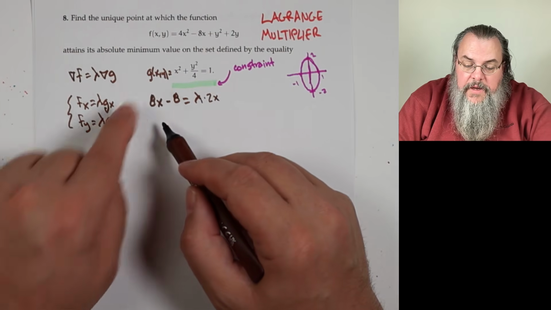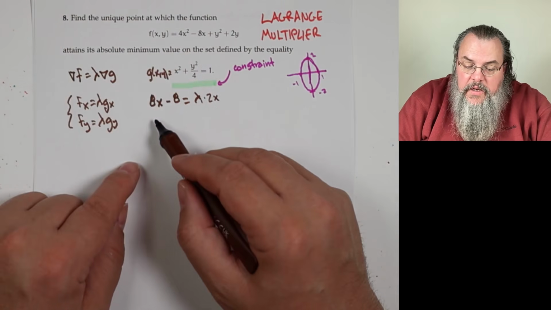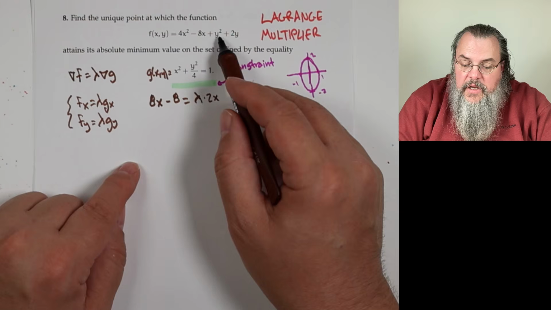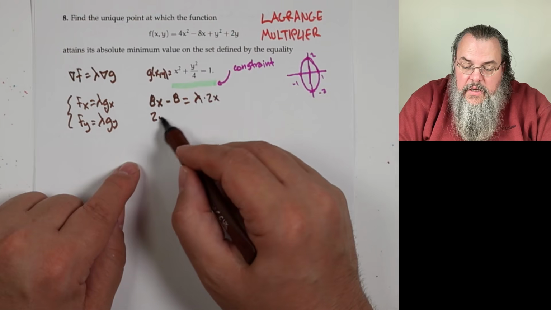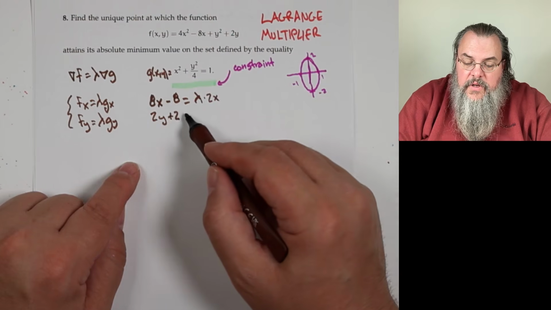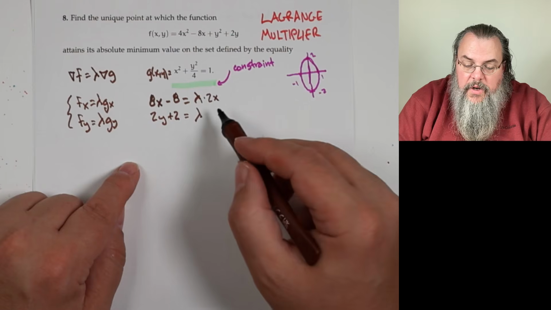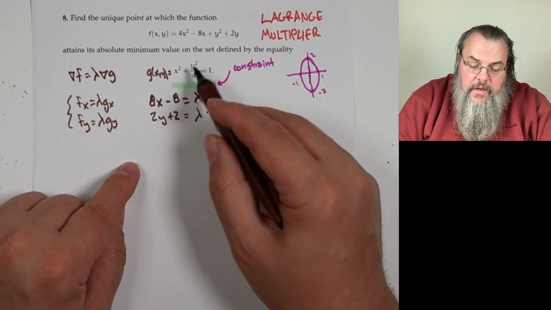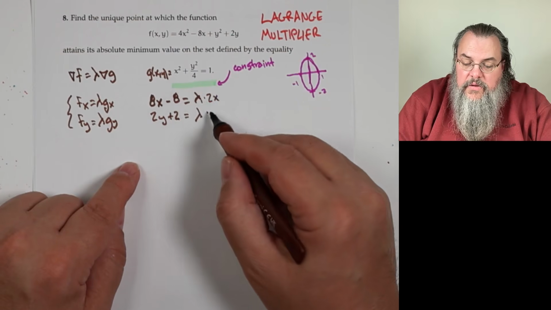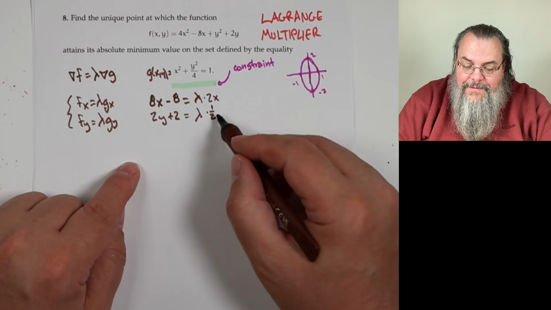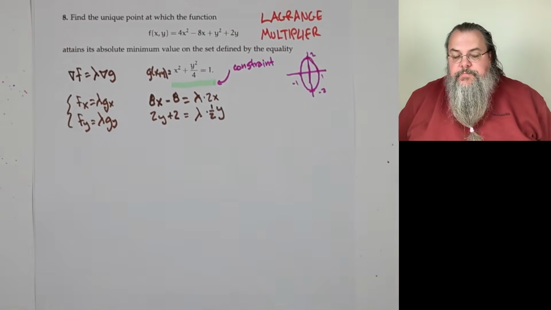The derivative of f with respect to y: that would be nothing, and then we get 2y plus 2. And that equals lambda times the derivative of g with respect to y. That would be 1/2, right? 2/4 is 1/2, times y.